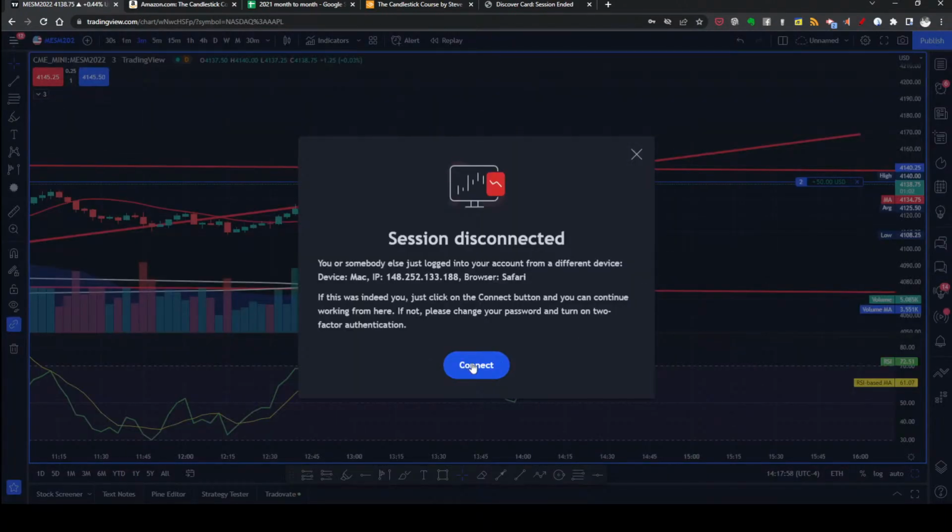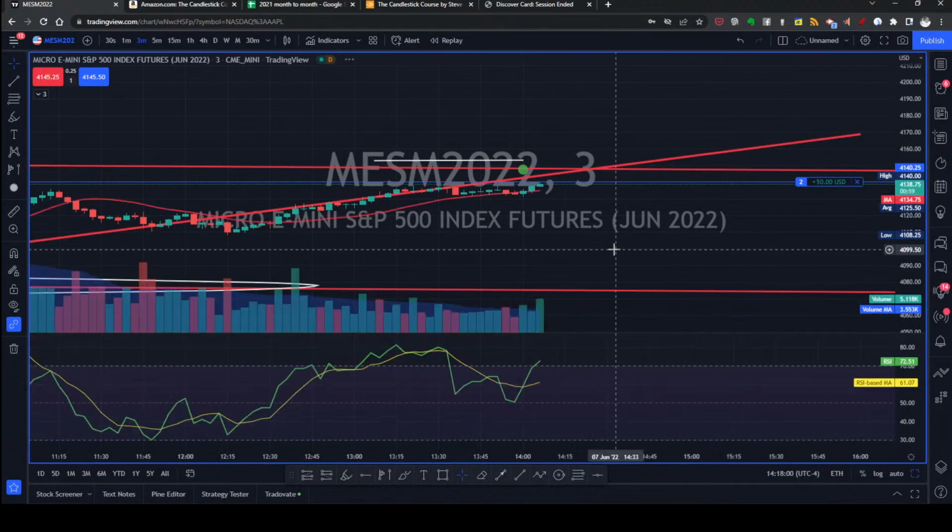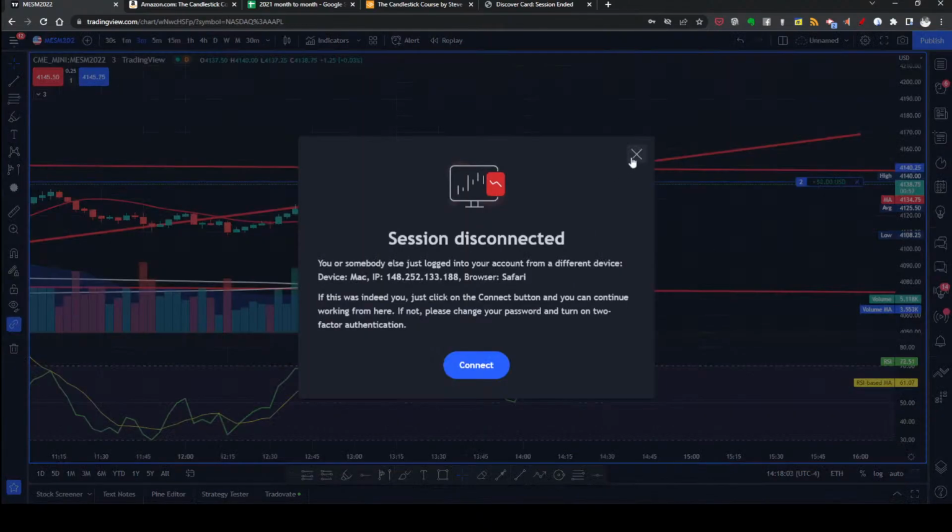What is going on? It's telling me I'm being disconnected. My session's disconnected. You or somebody else just logged into your account from a different device. Browser Safari.